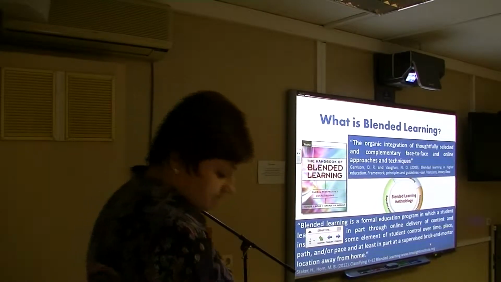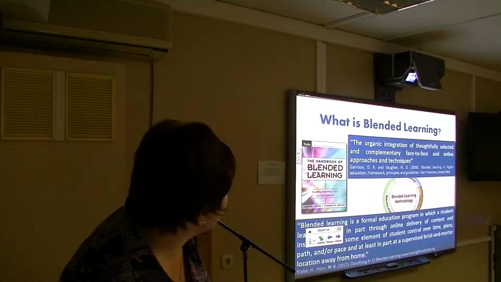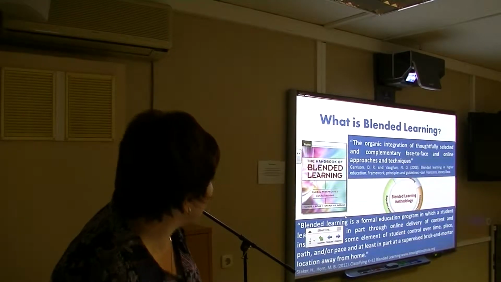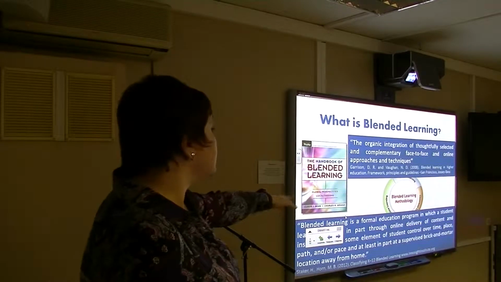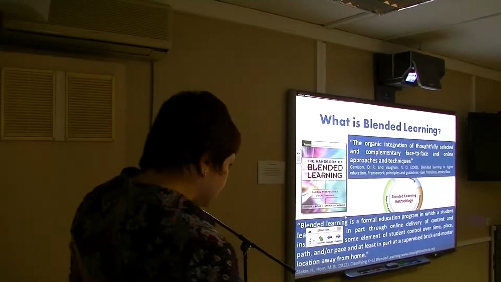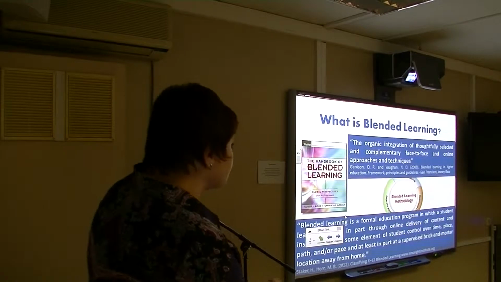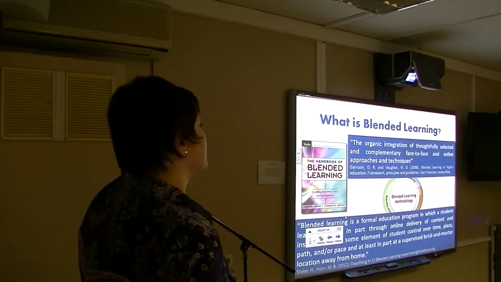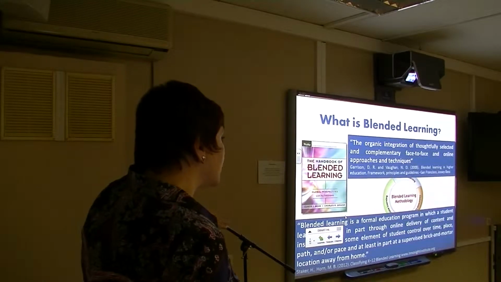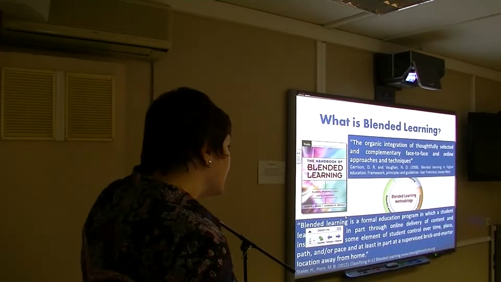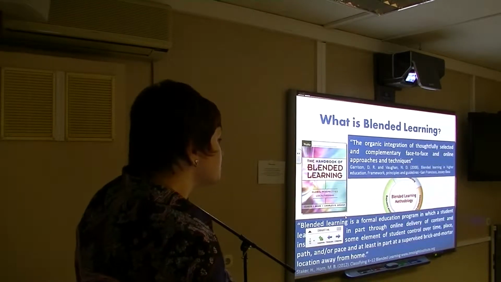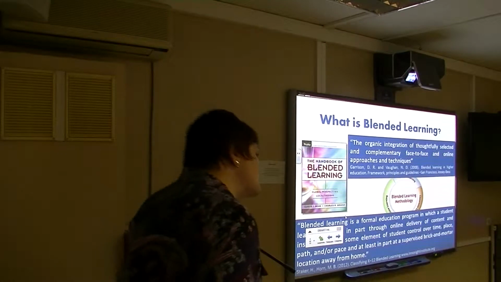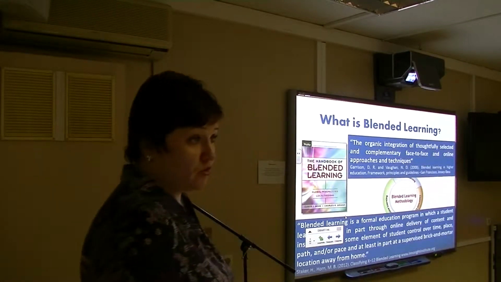Another one is a bit too long and too wordy. But still, even if we read it attentively several times, we will see that it's an education approach which combines in part online delivery of content and instruction with, this sounds a little bit confusing to me, in part a supervised brick and mortar location away from home.